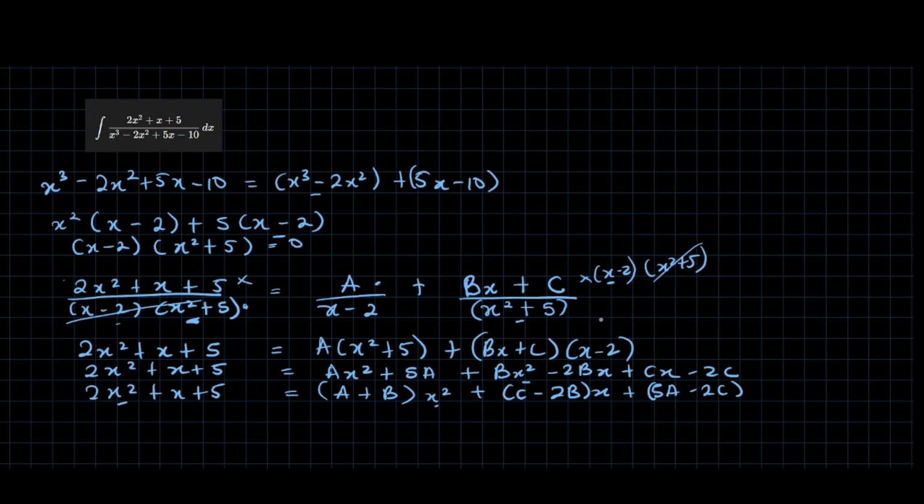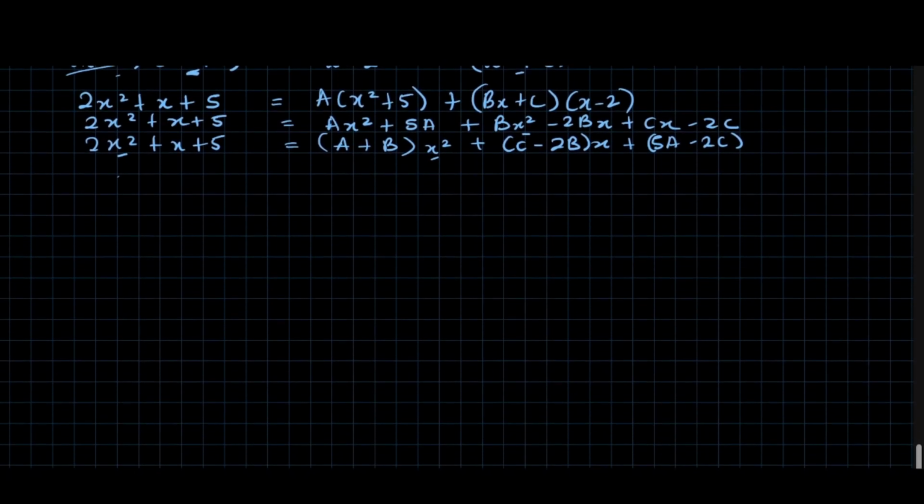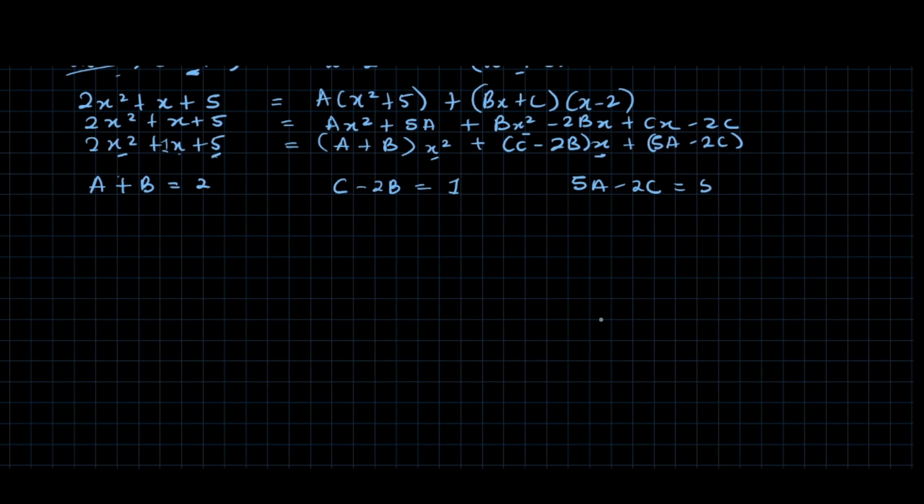The x squared terms give A plus B equals 2. The x terms, where the coefficient is 1, give C minus 2B equals 1. And the constants give 5A minus 2C equals 5.